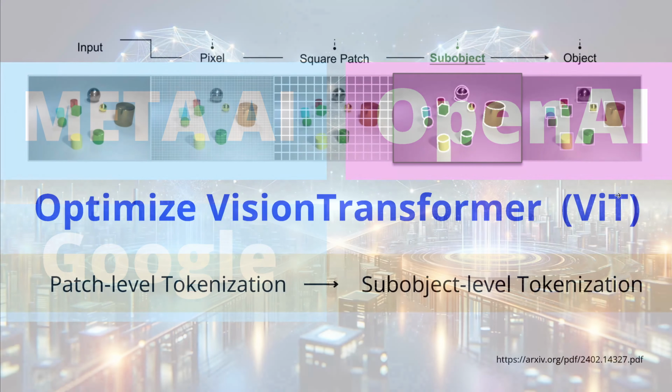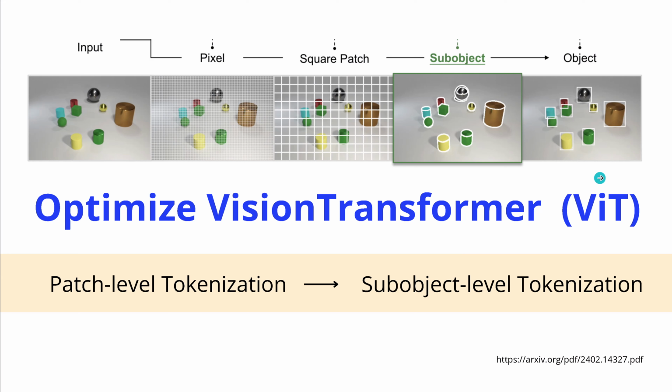Let's talk about it. One new technology that is absolutely amazing is to optimize a vision transformer from patch-level tokenization to sub-object-level tokenization. And this happened just days ago.